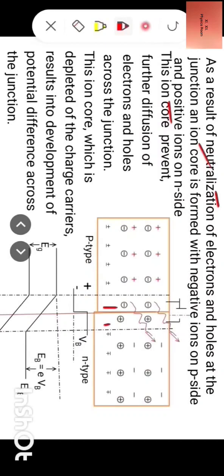This ion core, which is depleted of charge carriers, results in the development of a potential difference across the junction. This potential difference developed due to the ion core has been shown by the battery.